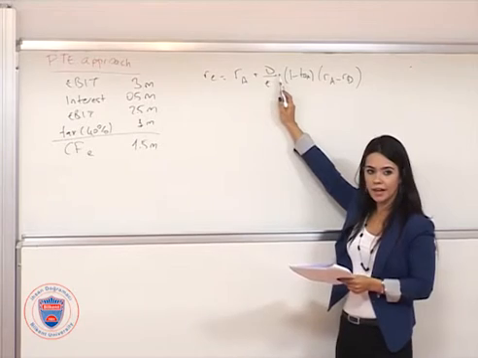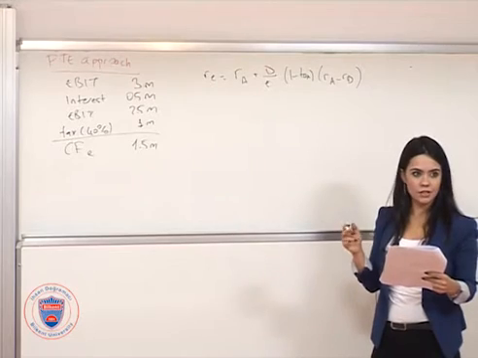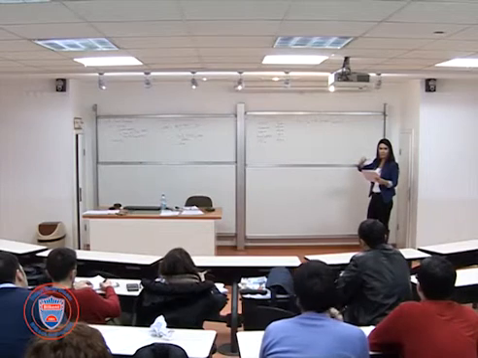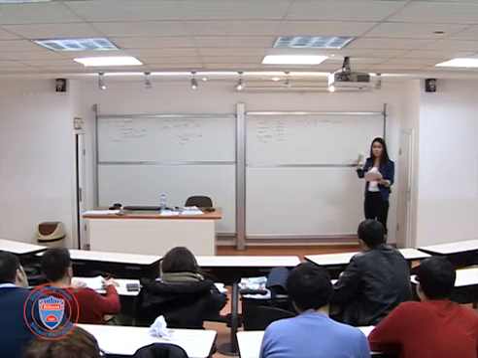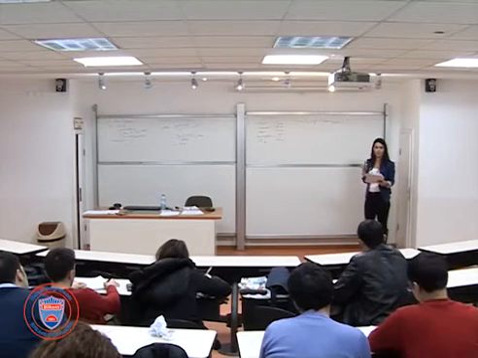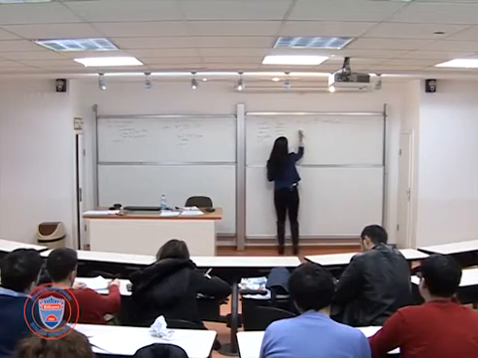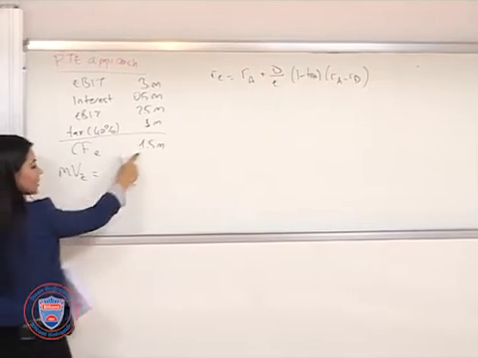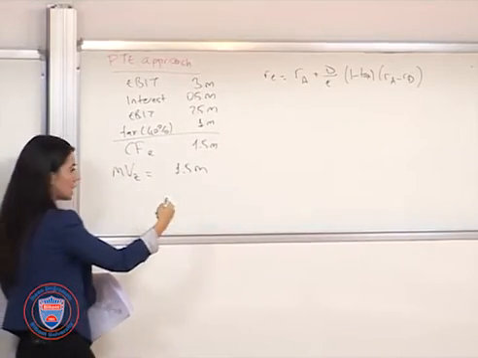I know how much debt I have, but I might have a problem with the equity value. Why? Equity holders initially invest how much money? $5 million, right? But the market value of equity will change because future cash flows are changing. So in that case, I need to recalculate the equity value. It's not going to be 5 anymore. It's going to be something else. So the market value of equity changes. And how am I going to find it? It will be like this. Let me write it here. The market value of equity will be determined by the cash flow to equity holders, which is going to be 1.5 million cash flow.